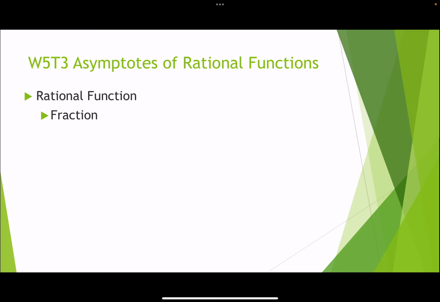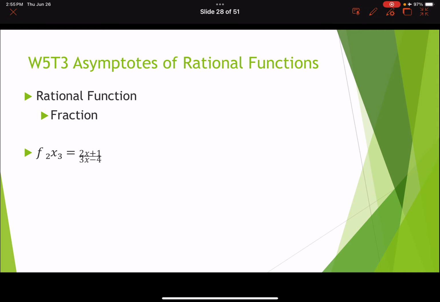Okay? When we talk about a rational function, remember that a rational function, we've already talked about it before, is essentially just a fraction. And so an example of that is one that looks like this. Now this problem, for whatever reason, my iPad software does not like the f of x, and so this is really f of x. We don't have the 2 and the 3 really shouldn't be there, so that's f of x equals 2x plus 1 over 3x minus 4.